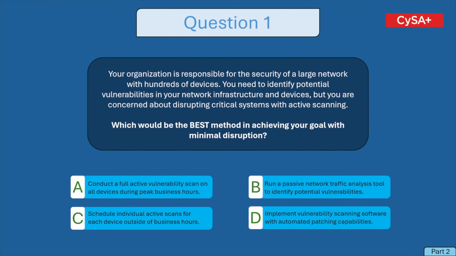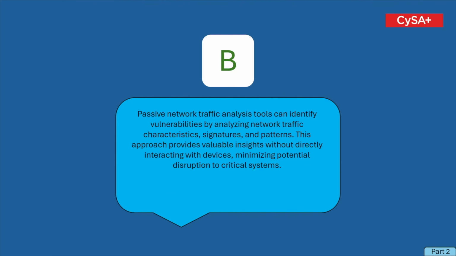And the only option that would allow for this would be B. So I'm going with B. Yep. Passive network traffic analysis tools can identify vulnerabilities by analyzing network traffic characteristics, signatures, and patterns. This approach provides valuable insights without directly interacting with devices, minimizing potential disruption to critical systems.